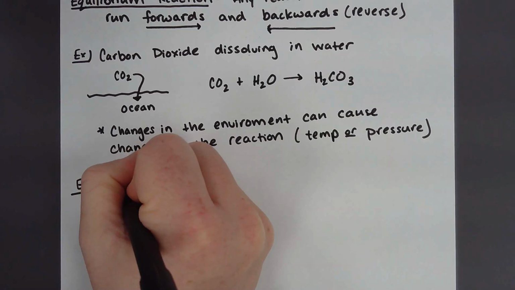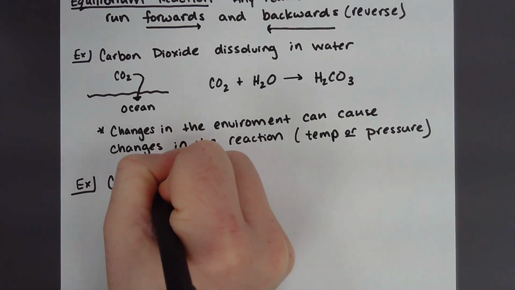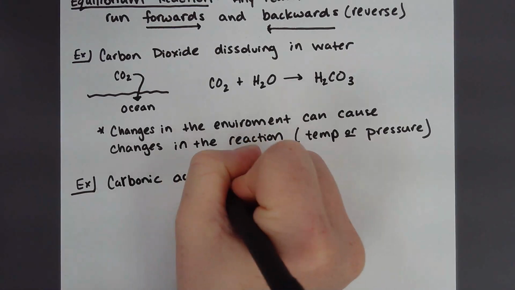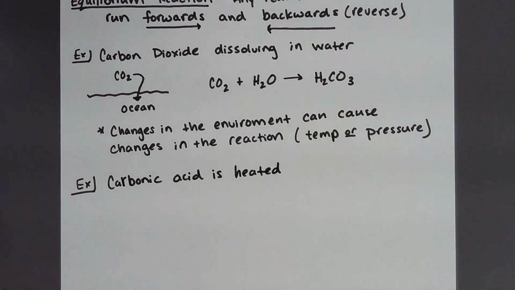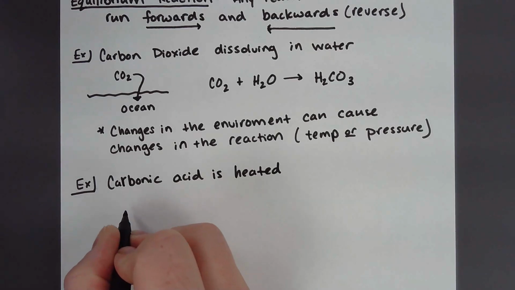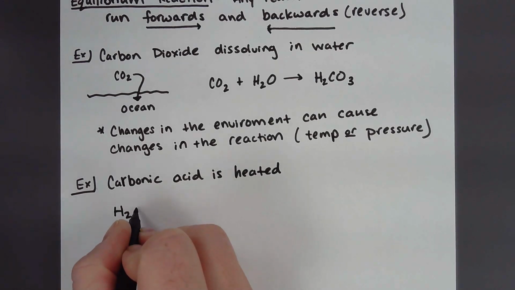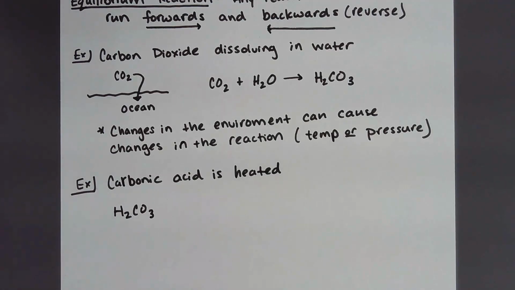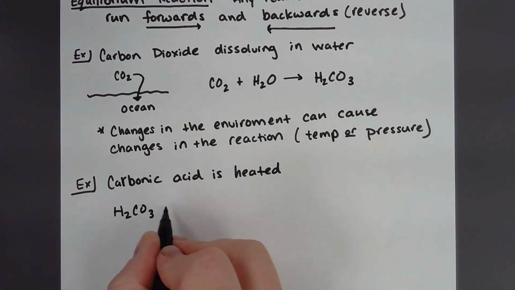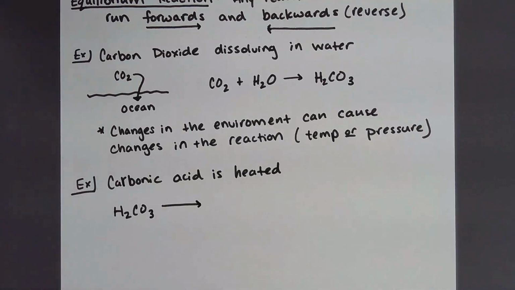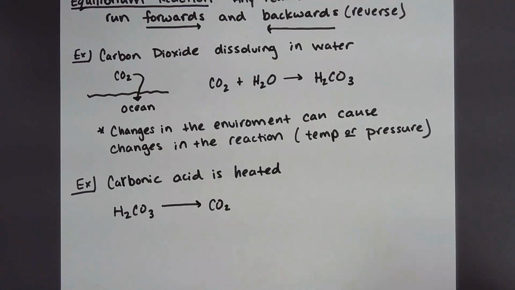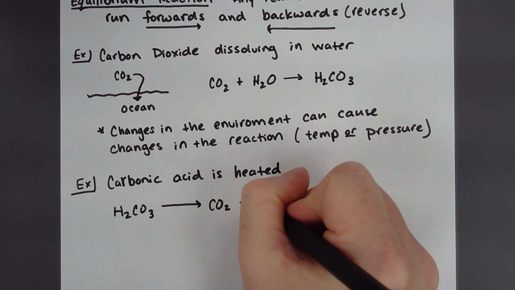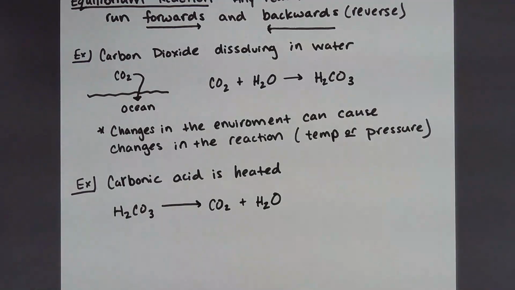So we're going to take the same example, and we're going to heat it up. Carbonic acid is heated. Now, when we take that carbonic acid and we heat it, it's going to decompose and break down, releasing that CO2 and reforming that neutral water.